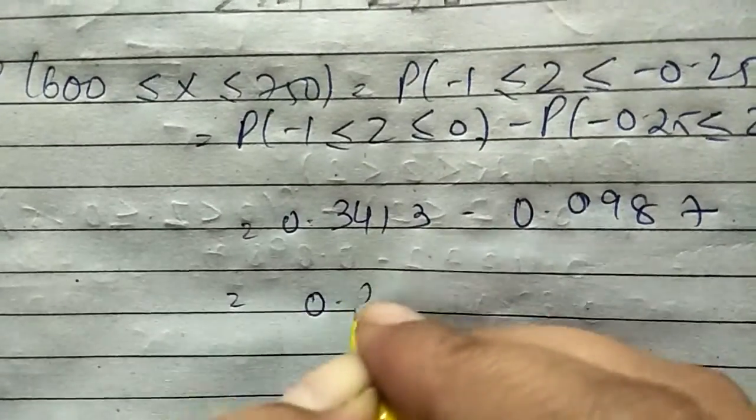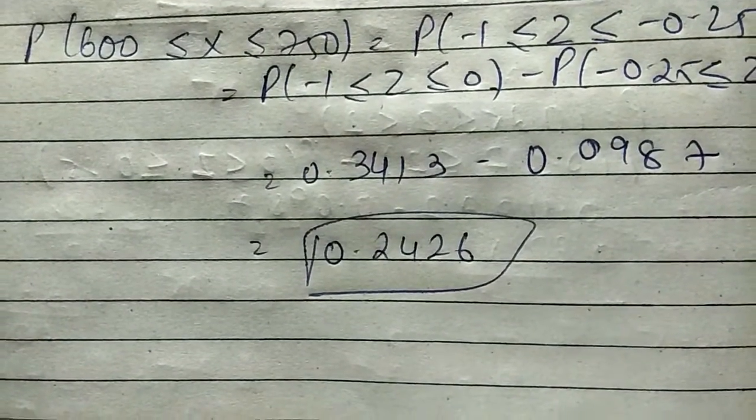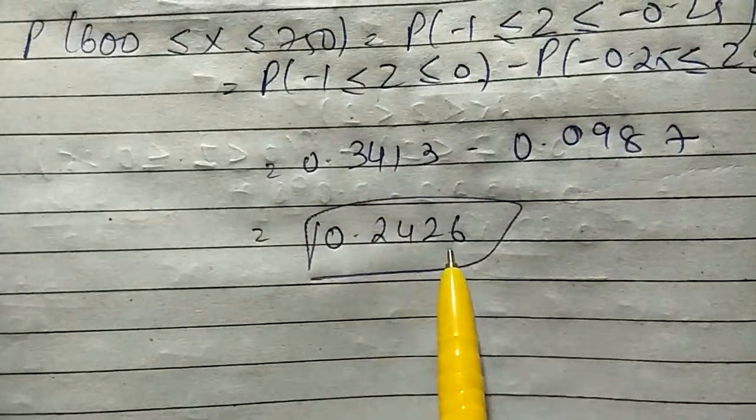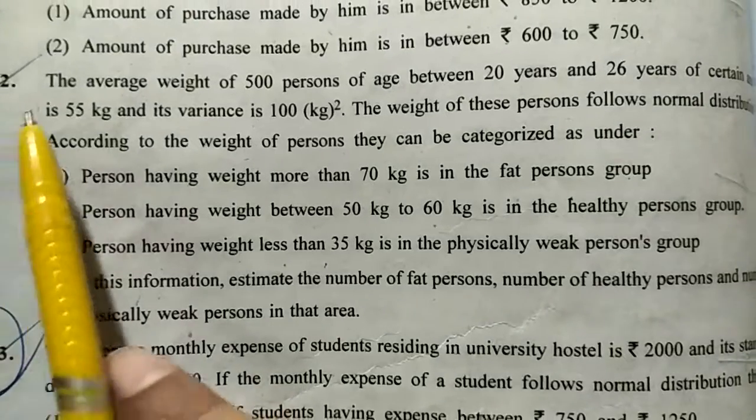The answer comes to 0.2426. Hence, the probability that the amount of purchase is between 600 to 750 is 0.2426. Now next comes sum number 2.